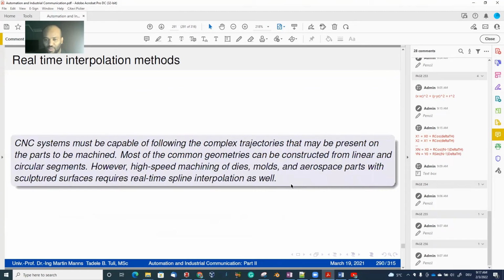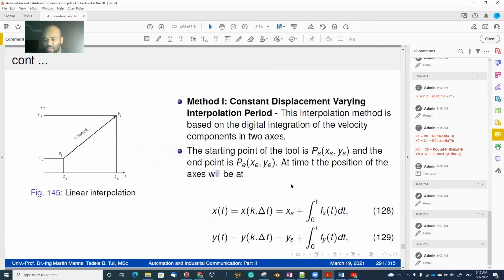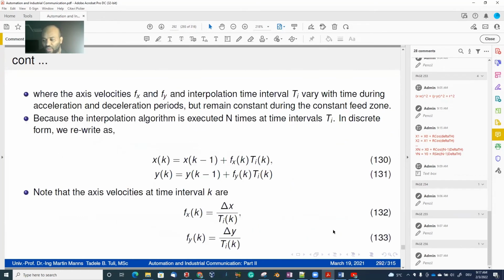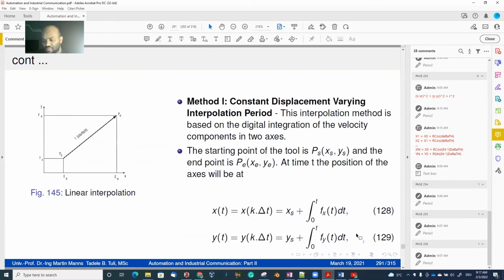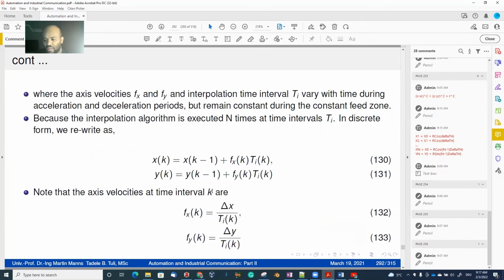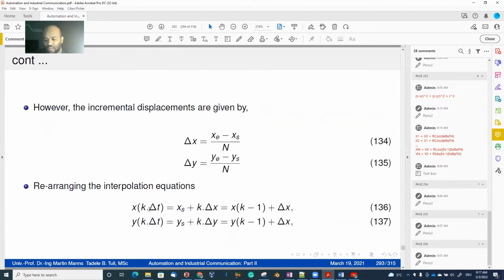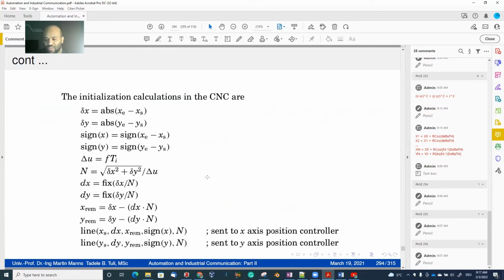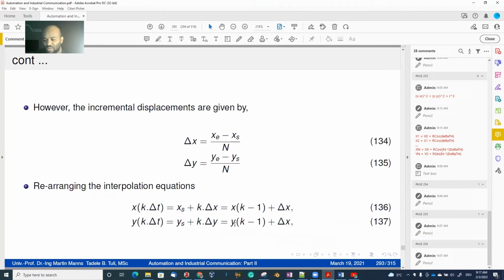So now here, what is important for us is what we had been talking about, these interpolation methods. This is what we talked about earlier, and this is what we derived, and this is how we say the feed rate, how the velocity is calculated. It is the delta x over time. And then finally we get to this point, right?